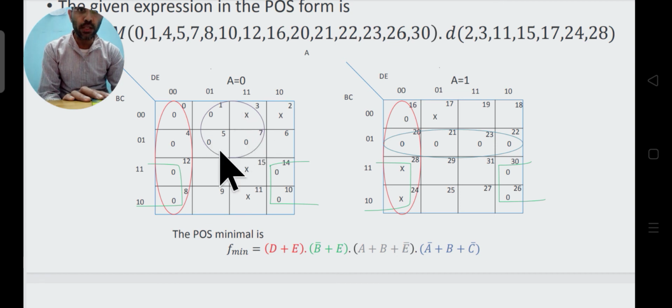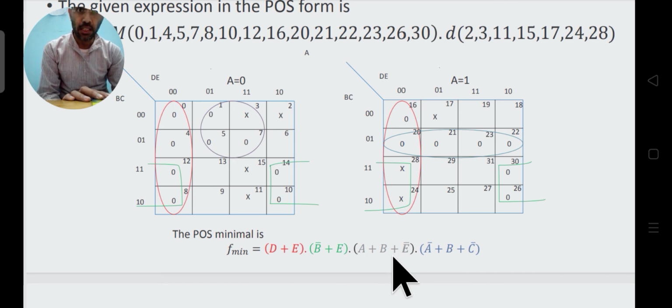Corresponding to this, B is not changing, so the term will have B. C is changing, so C will be dropped, and A will be there. D is changing, so D will be ignored. Then E. So the expression for this term will be A plus B plus E bar. This is the term we are getting corresponding to this.